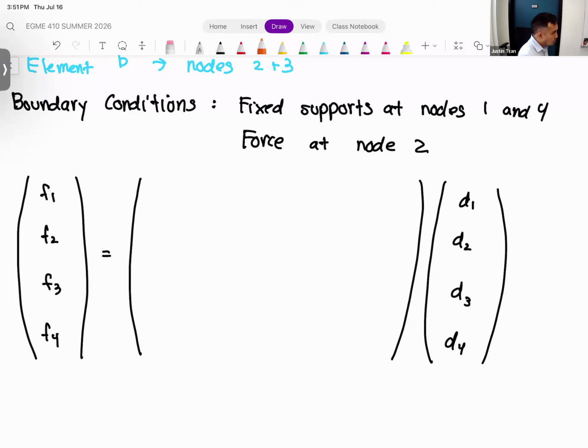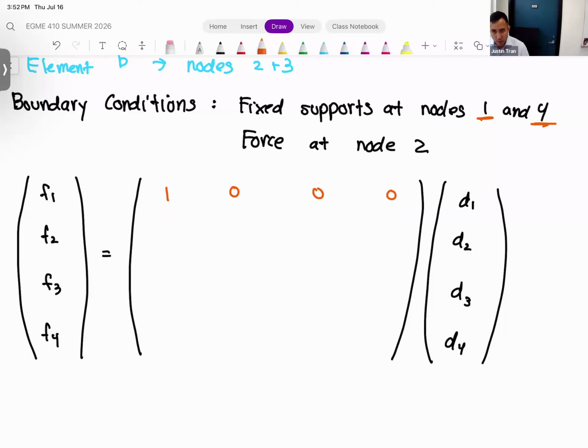But let's start with our fixed supports. Remember, the way that we apply our fixed supports is that we replace the entire row associated with that fixed support. Since we have fixed supports on node 1 and node 4, we're going to modify the first row and the last row of the matrix. Let's start with the first row: 1, 0, 0, 0.